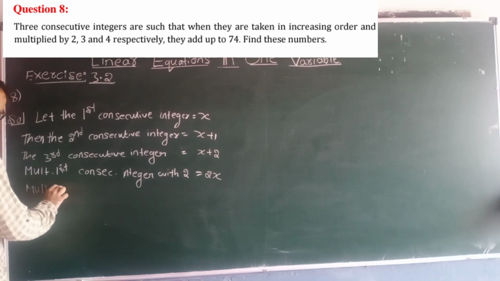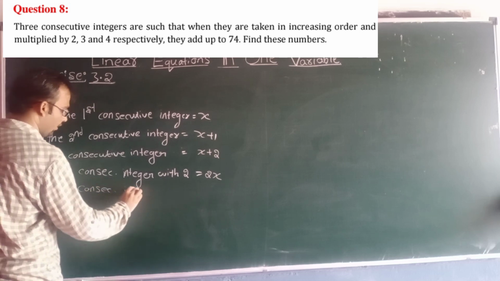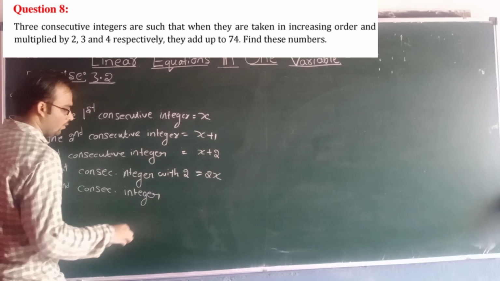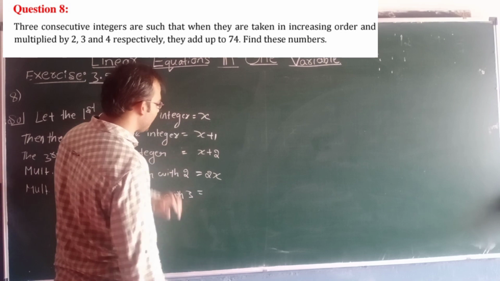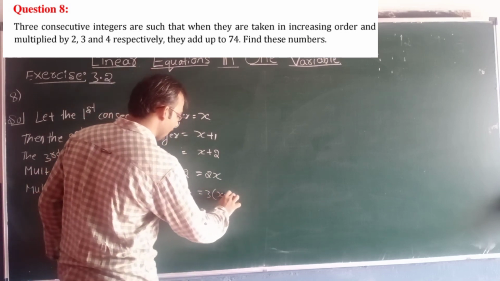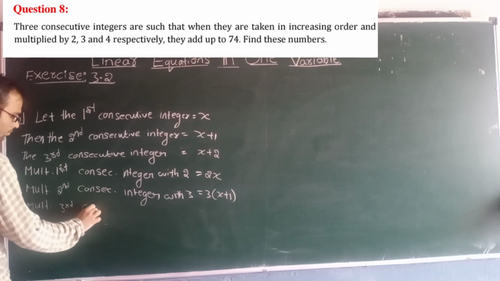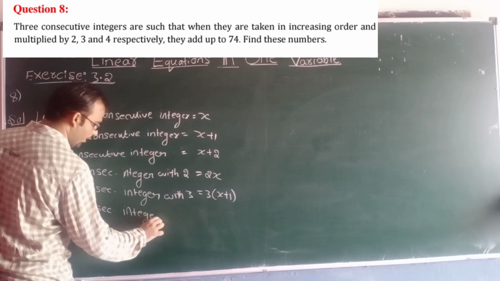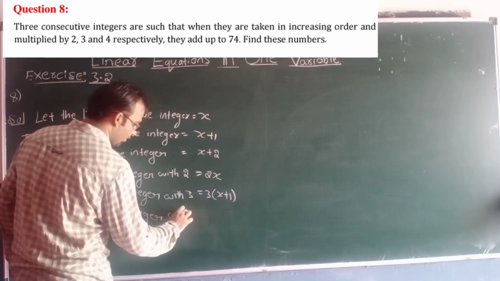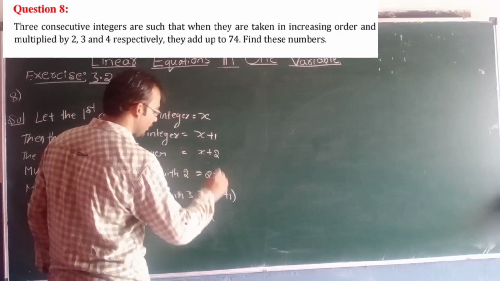Multiply the second integer with 3. The second integer is x plus 1, so we multiply 3 into x plus 1. Multiply the third consecutive integer with 4. So 4 into the third integer, x plus 2.